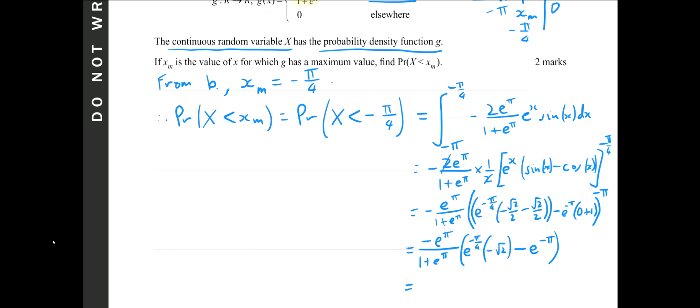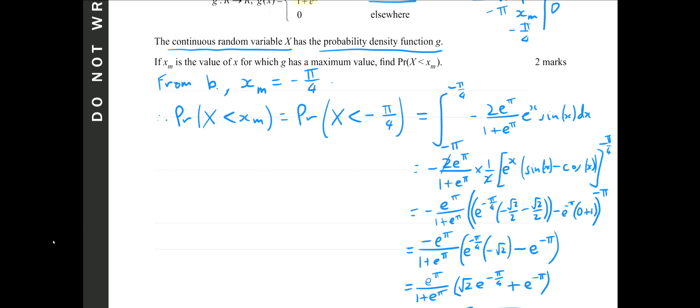So what we've now got is we can get rid of all the negatives inside the bracket. So we will have e^π over 1 plus e^π multiplied by root 2 e to the negative π on 4, and then plus e to the negative π. So we can simplify that just one last stage.